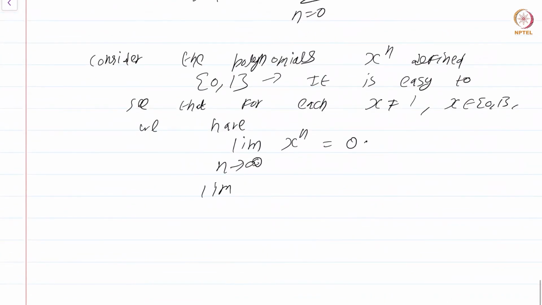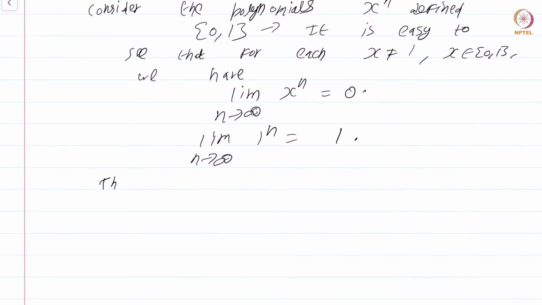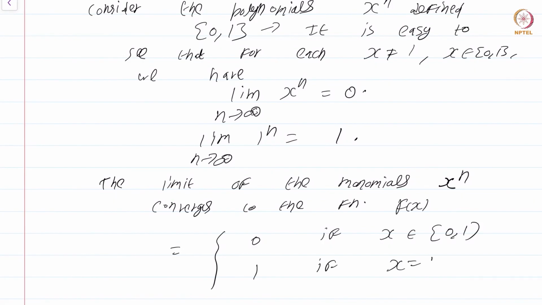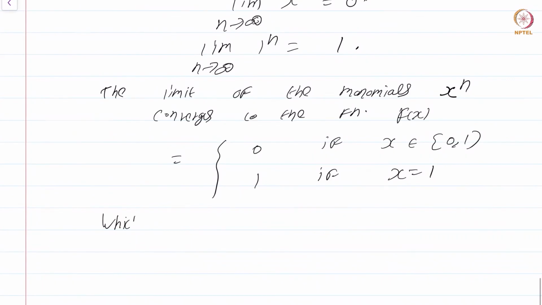But limit n going to infinity 1 power n is of course 1. So the limit of the monomials x power n converges to the function f of x, which is defined as follows: 0 if x is in the interval closed 0, open 1, and 1 if x is equal to 1, which is not continuous.